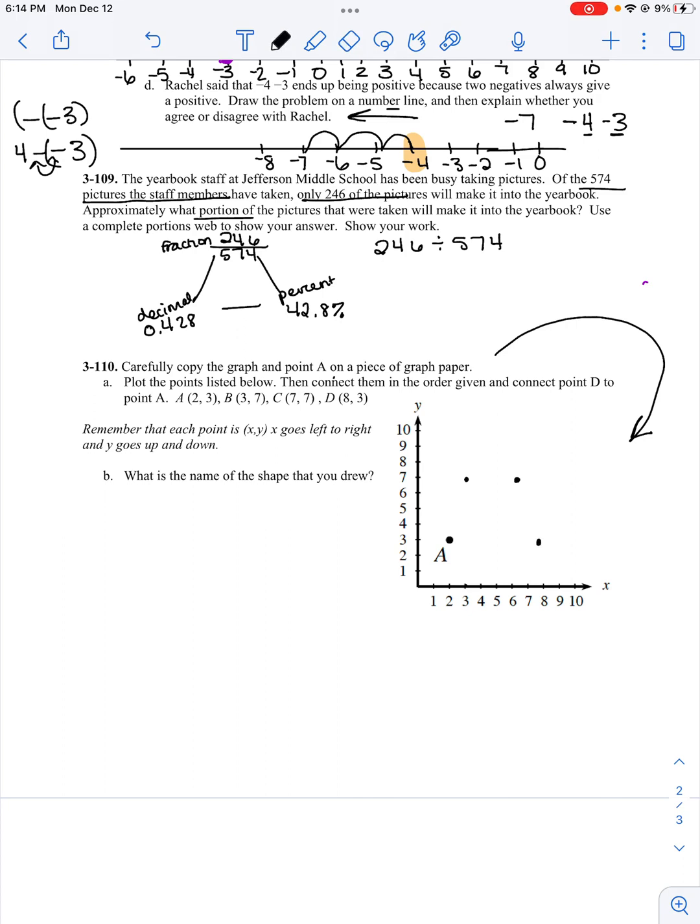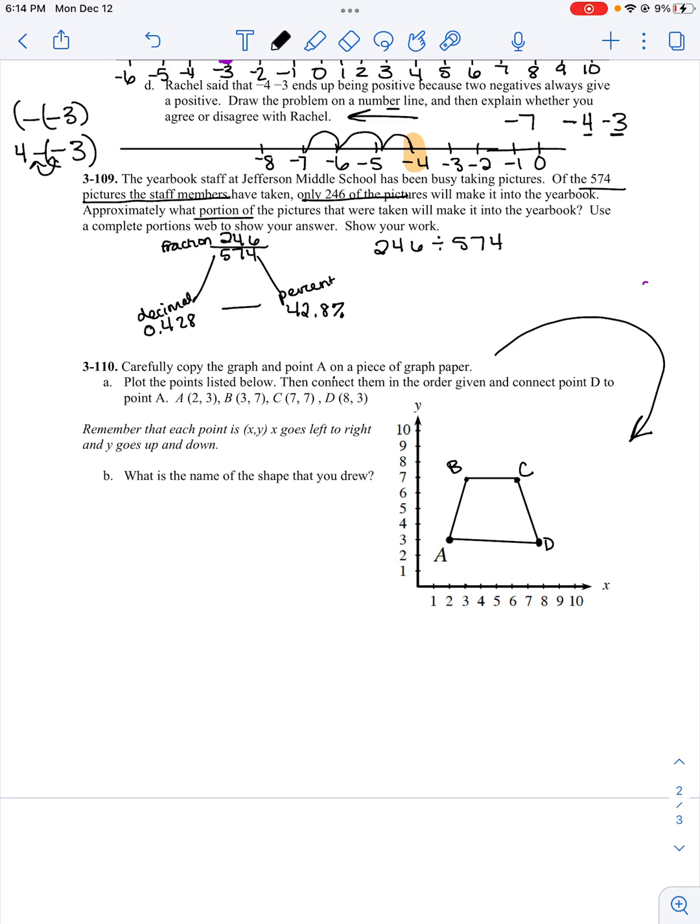I'm going to redraw that. And then I'm going to connect the lines or the dots in the order given. And then connect D to A. Okay. And I'm going to label my points.